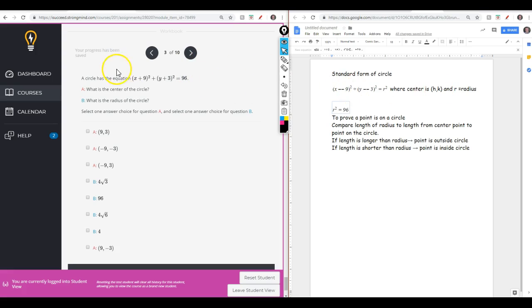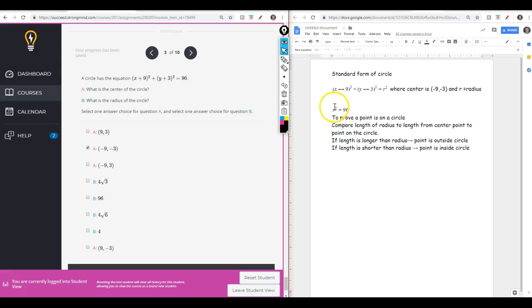So because this changed to an addition sign, I know the center is going to be negative 9, and our k is a negative 3, again because this ended up being an addition sign. So the center is negative 9, negative 3, and I'm still trying to find the radius.